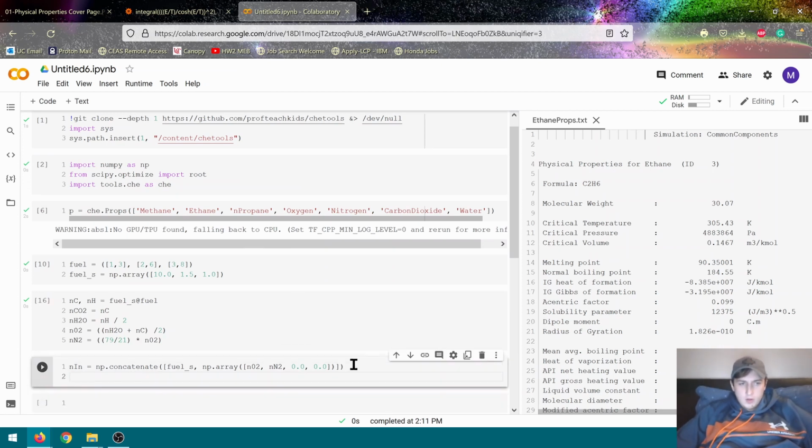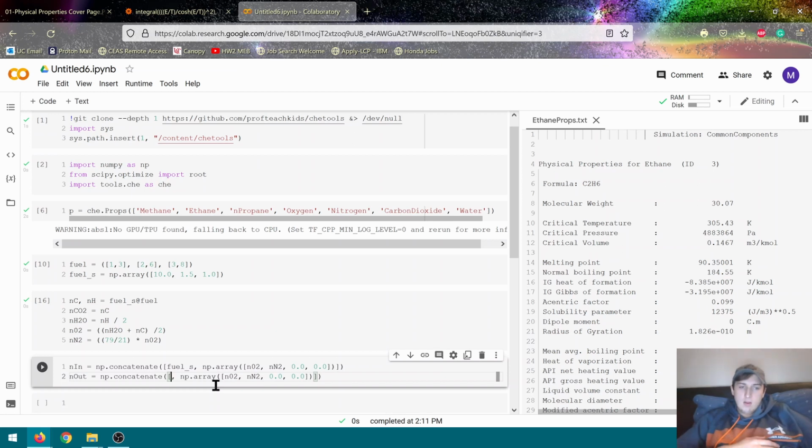So now we're going to want to solve for the number of moles exiting the system. So we're going to say N out is equal to almost the exact same thing, np.concatenate, except now instead of using fuel, because the fuel's already spent, we're just going to enter this as all zeros.